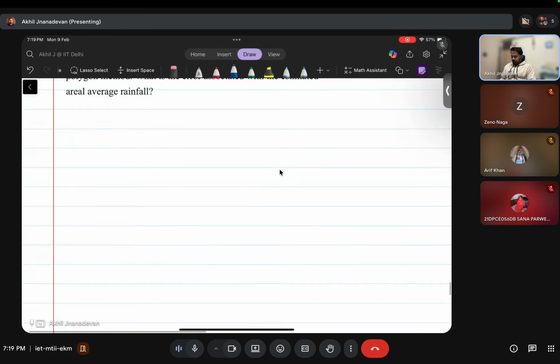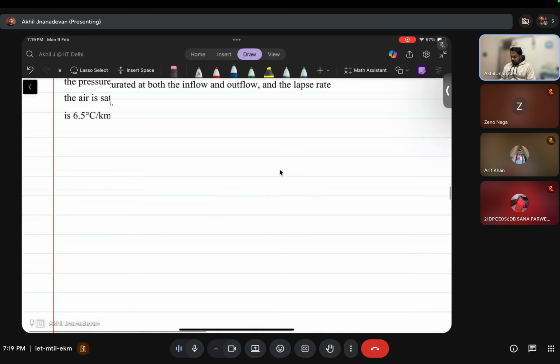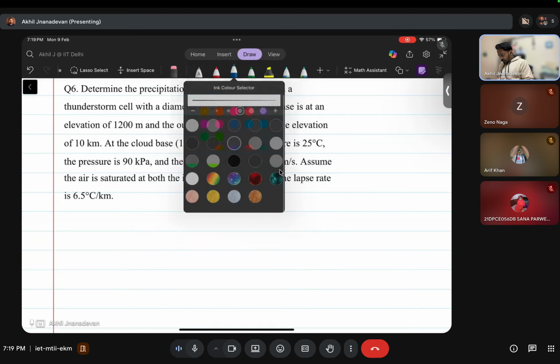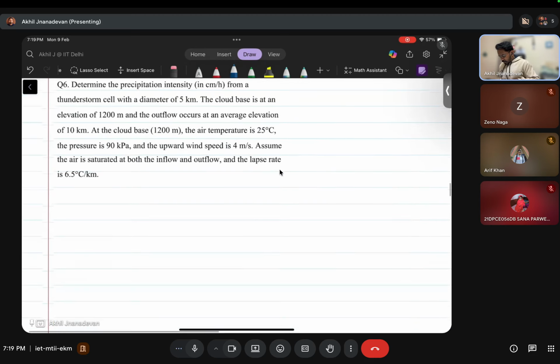Okay, so we have 40 minutes left, so we can start directly with the first question. The first question is to determine the precipitation density.